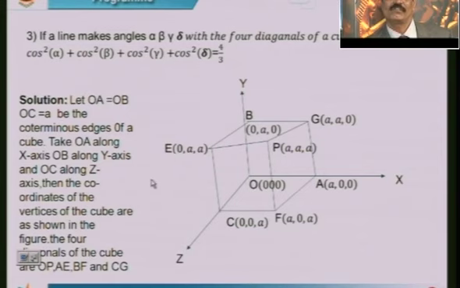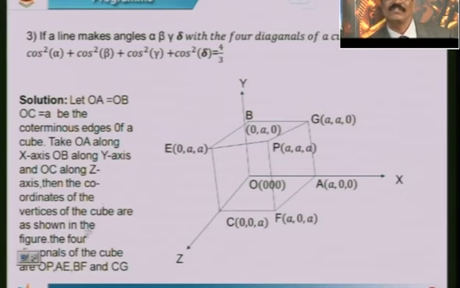So, about the figure you should know it, and here concentrate on the 4 diagonals. One diagonal is OP, and the 4 diagonals I have written are OP, AE, BF and CG.